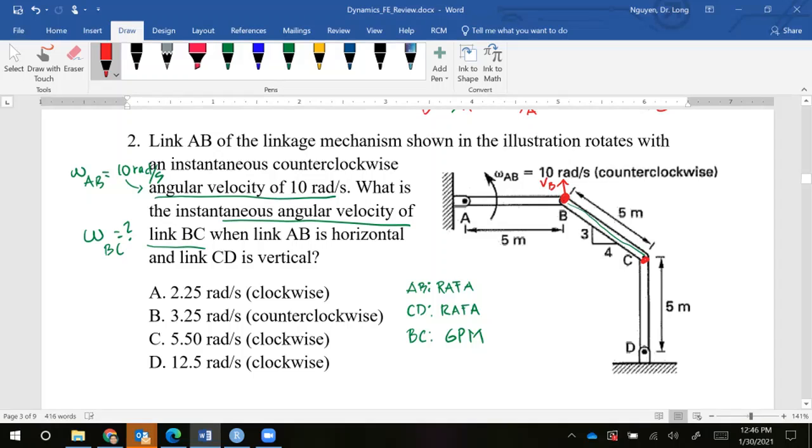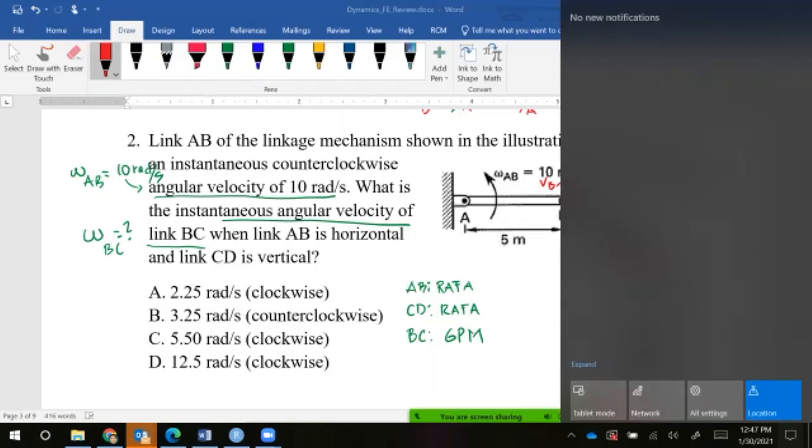The radius here is CD. So we can find out the velocity, and it has to be perpendicular to CD. So it will be horizontal. And sometimes you don't need to know the direction, go left or go right. In this case, you can assume the direction. So I just assume it goes to the left. Of course, you can put it going to the right. It doesn't matter at all.